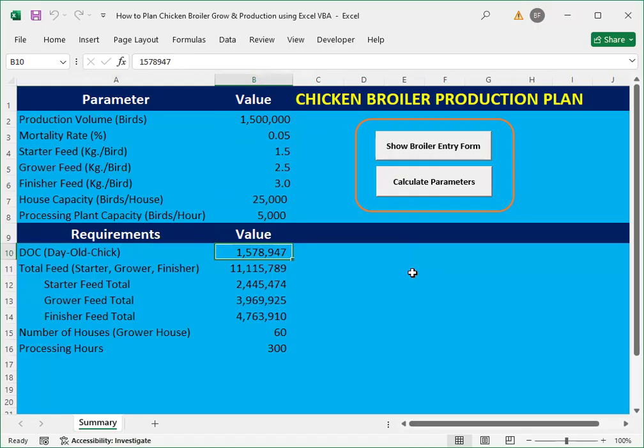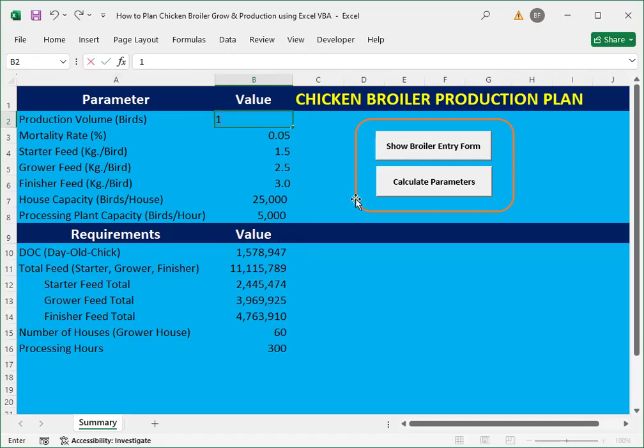Considering the production volume of 1.5 million and the mortality rate of 5%. And our total feed, the starter, grower, finisher feed, would be 11 million. Okay, and the number of houses will be 60 houses and 300 processing hours. Okay, that is if we are going to produce 1.5 million.